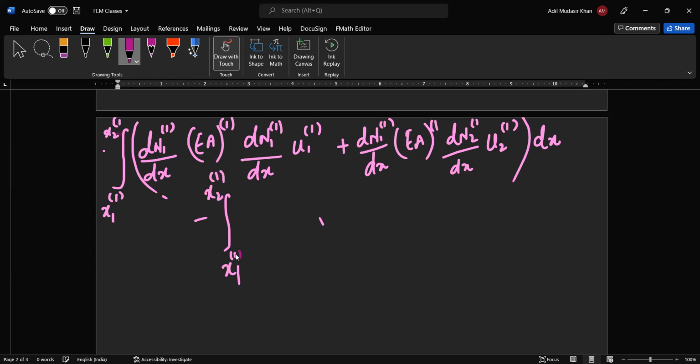They are very difficult to write. n1 1 t of x dx minus fx1 for element 1 is equal to 0.